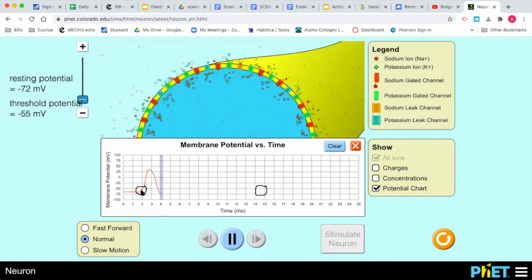If we didn't go past negative 55, this would just pop right back down and it would be flat. Nothing would happen. Does that make sense?